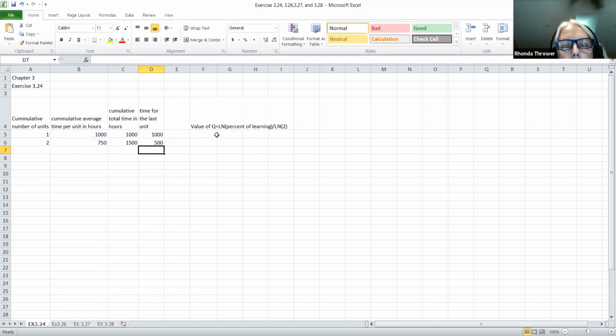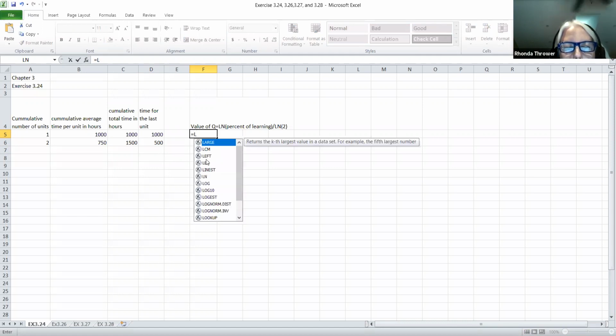So let's go ahead and look at this formula and see what we can do to put this formula in. And so I'm going to simply put in an equals mark, and I'm going to do a capital L, and you can also click right here and get it.